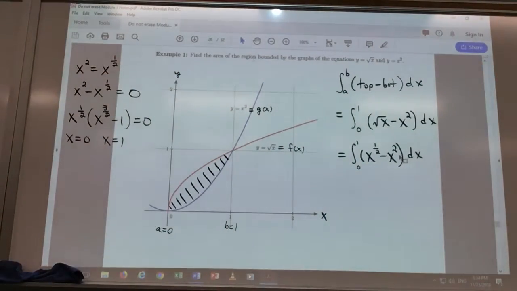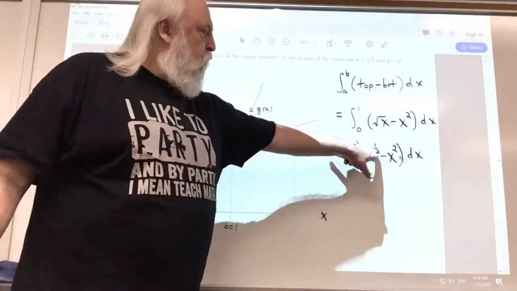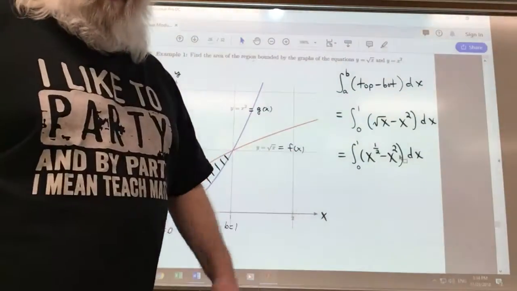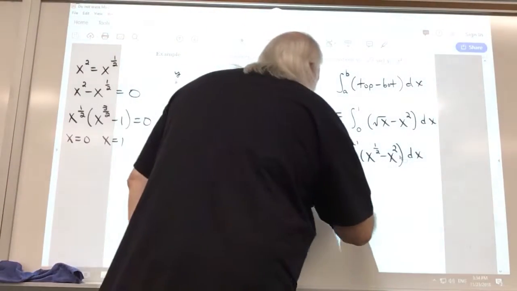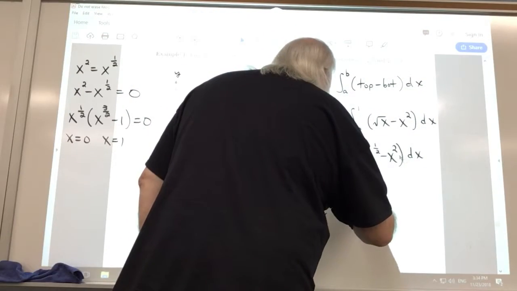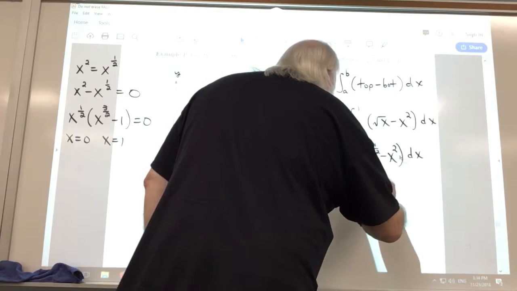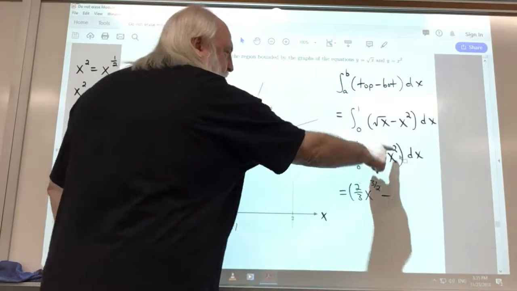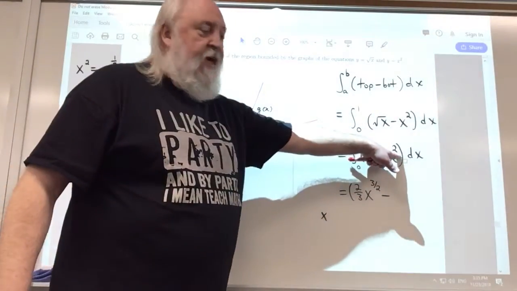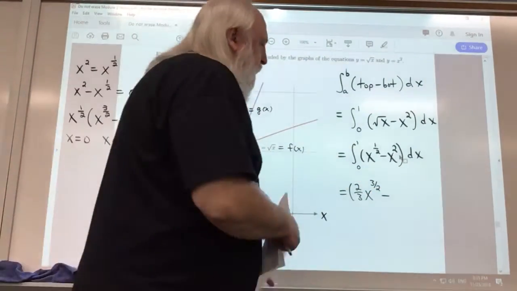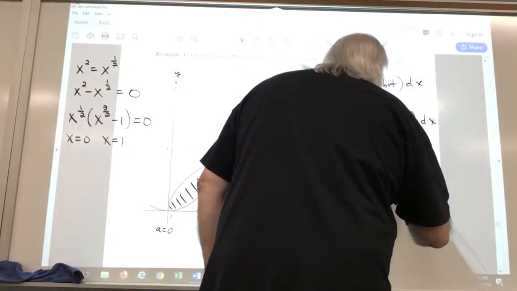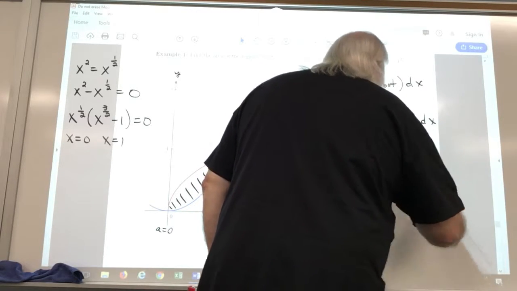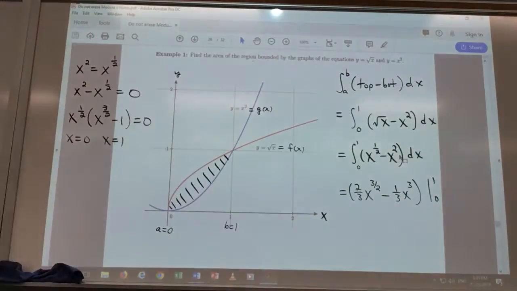You know the antiderivative of x to the 1/2: you add 1 to the exponent, you get 3/2, divide by 3/2, the same as multiplying by 2/3. And so we have 2/3 times x to the 3/2. Then the antiderivative of x squared: add 1 to the exponent, get 3, divide by 3, and we have minus 1/3 x cubed. Then our limits of integration are x equals 0 to x equals 1.